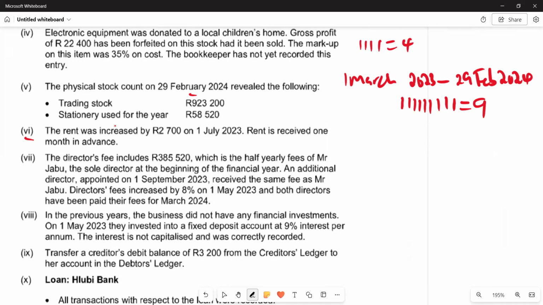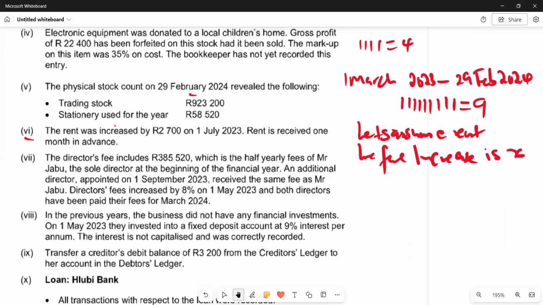So let's just assume our rent before the increase is X. Having that, we can say before it increased was 4 months, so 4 times X, which is 4X, is what we have before it was increased.